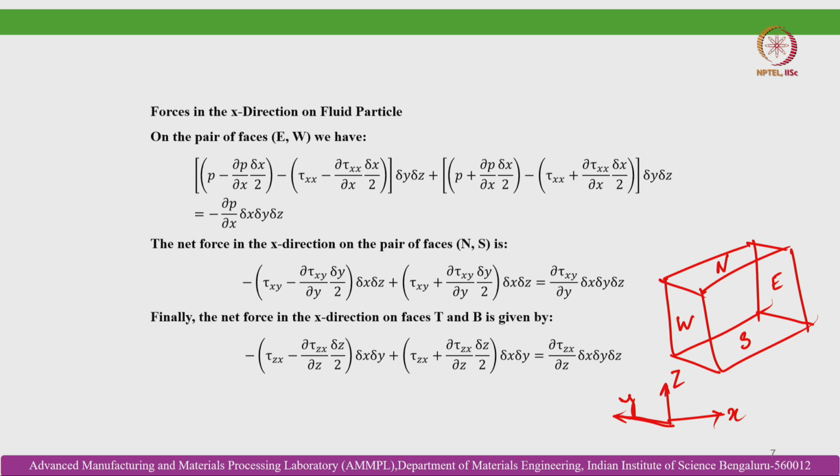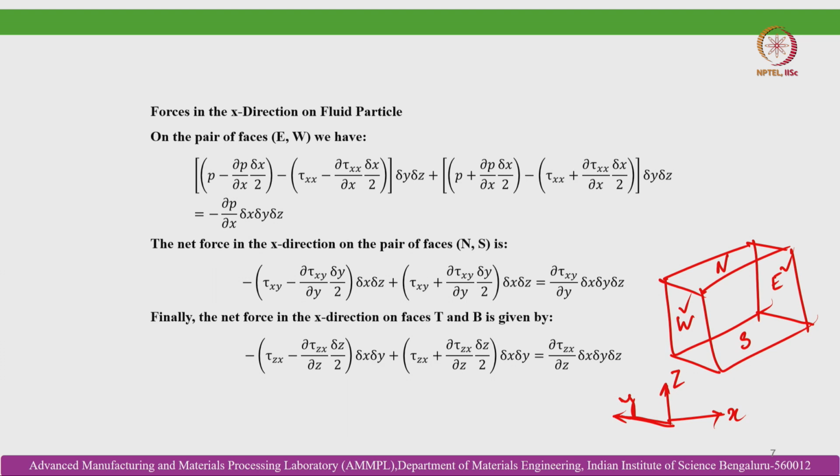So on the pair of faces E and W, when we are considering only the east and west faces of this fluid element, we can write (P minus del P del x delta x by 2, minus tau xx minus del tau xx by del x into delta x by 2) into del y del z, plus (P plus del P del x delta x by 2 ...). It will be clear for the pressure.